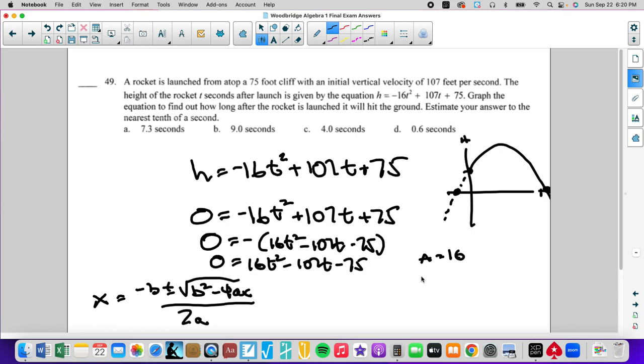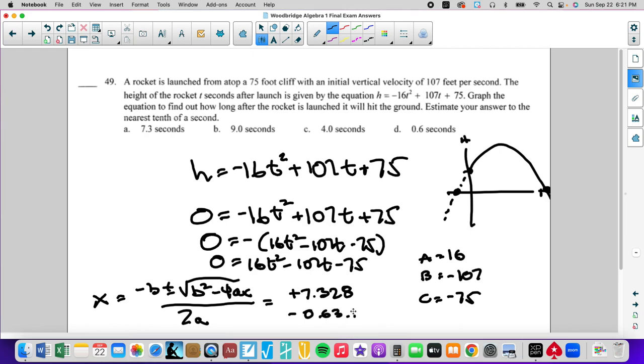So my a is 16, my b is negative 107, my c is negative 75. So if I plug in all those values into this, I end up with positive 7.328 and negative 0. What was it?